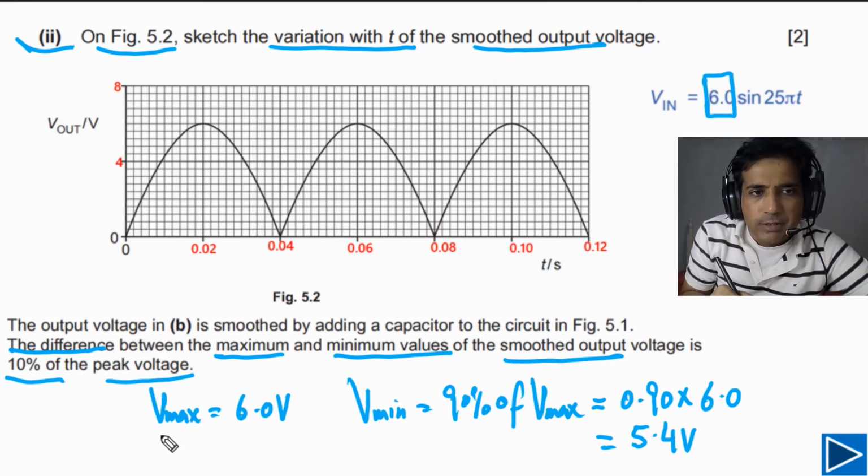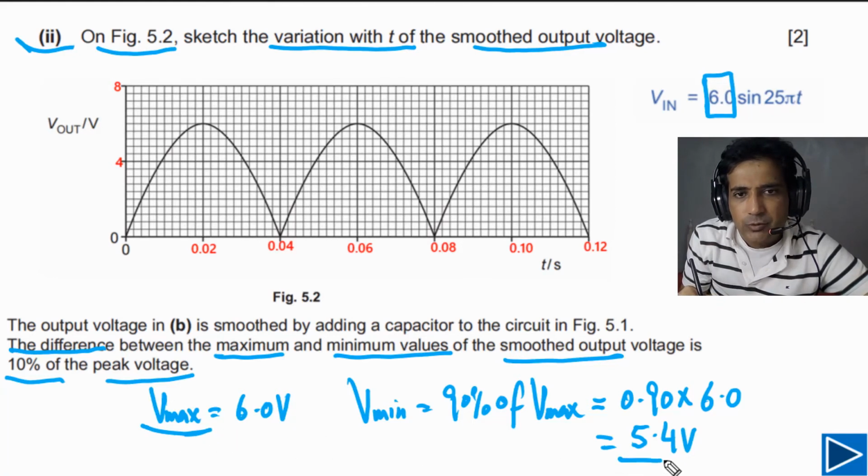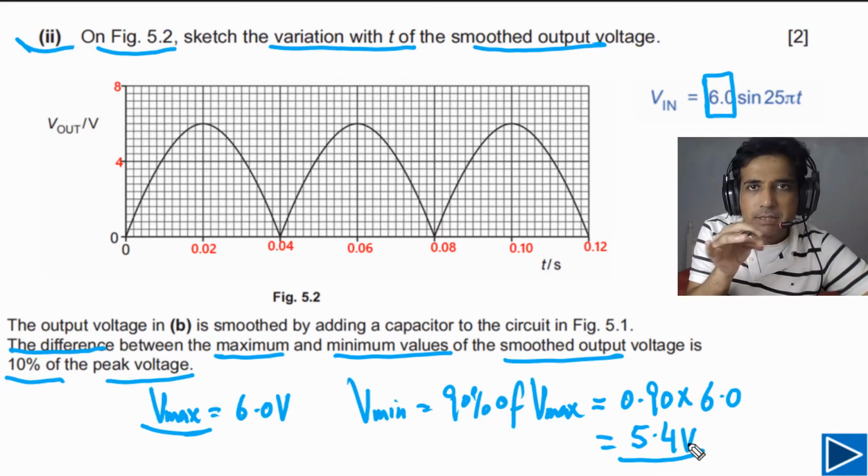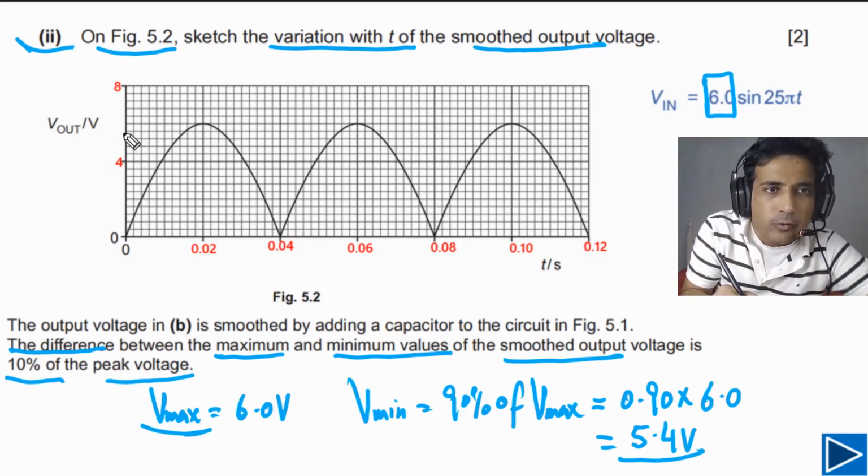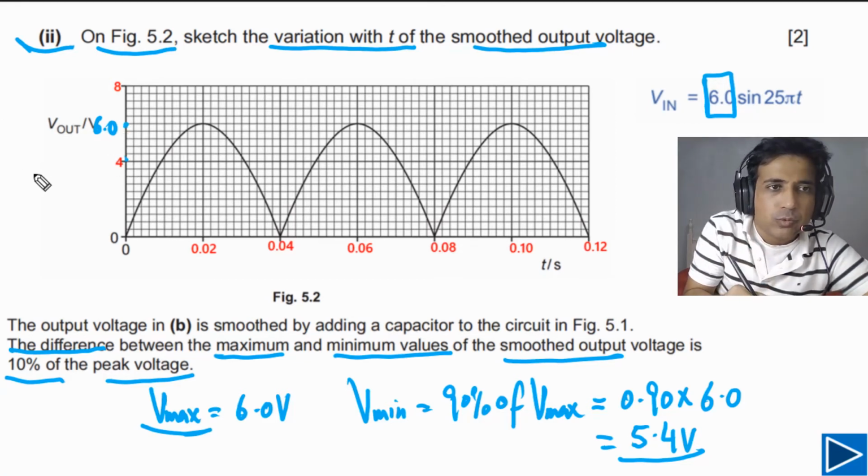In order to sketch the curve, first of all we need to label Vmax and also label Vmin, and then we can sketch the curve. Vmax is the peak value of the voltage and Vmax is equal to 6.0. Now we need to understand the difference between these two, the difference between 4 and 6. The difference is equal to 2 volts. We can simply write down 2 volts.